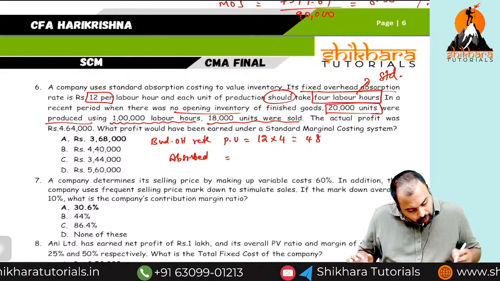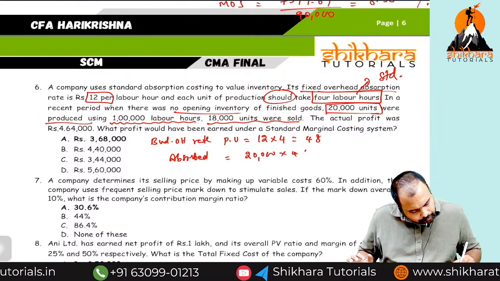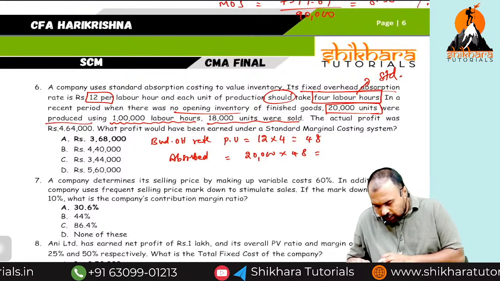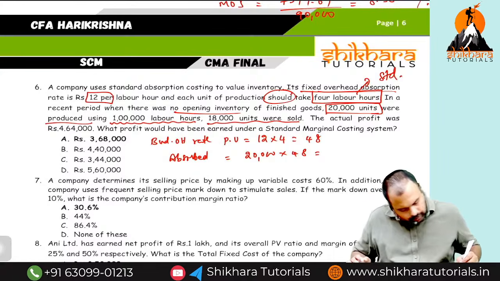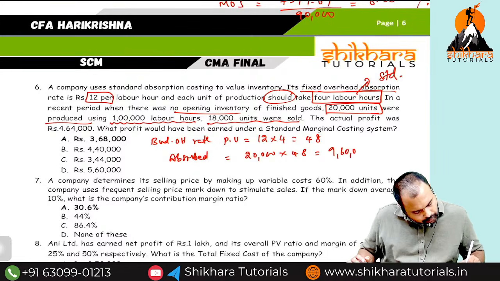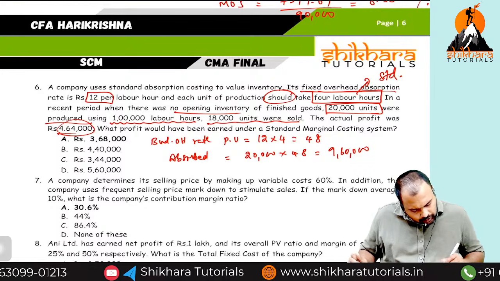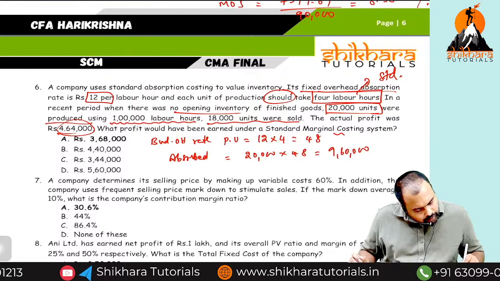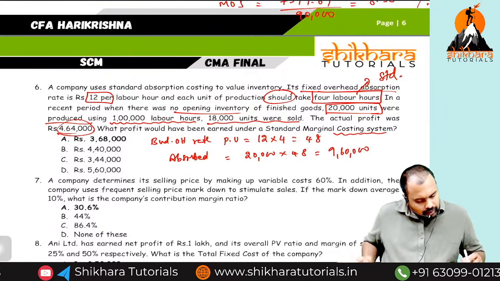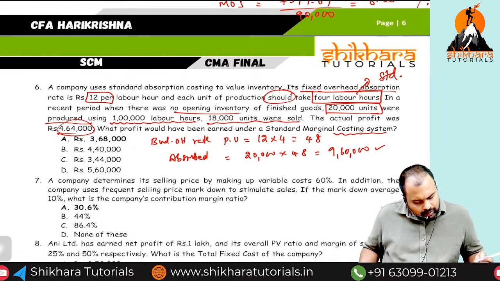Absorbed overhead is always for actual output, which is 20,000 into 48, which is equal to 9,60,000. And the actual profit was 4,64,000. What profit would have been earned under a standard marginal costing system? And they say that the absorbed amount is 9,60,000.